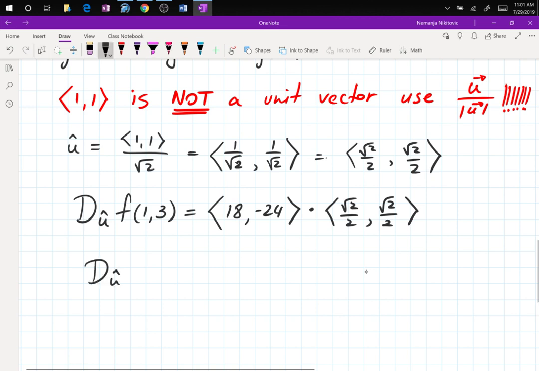So the directional derivative is equal to 18 divided by 2, so we get 9 root 2, plus 24 minus 24 is now 12, root 2 is negative 3 root 2.